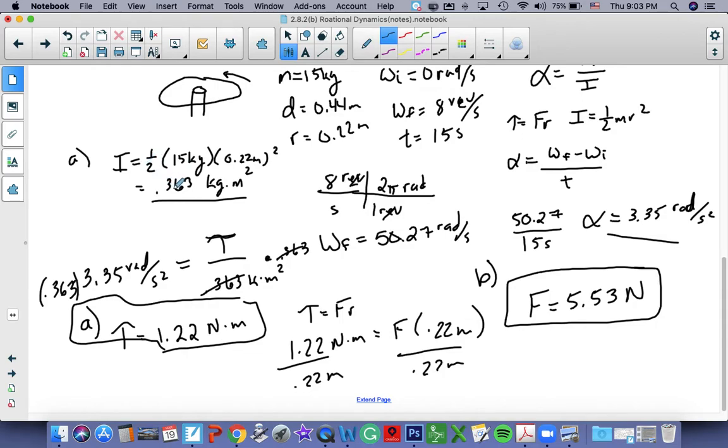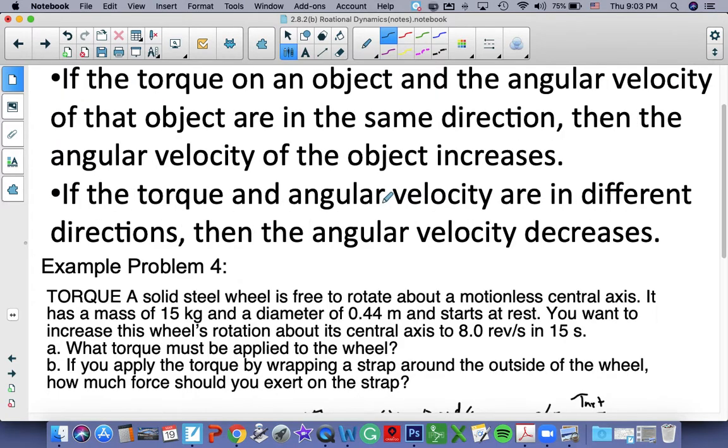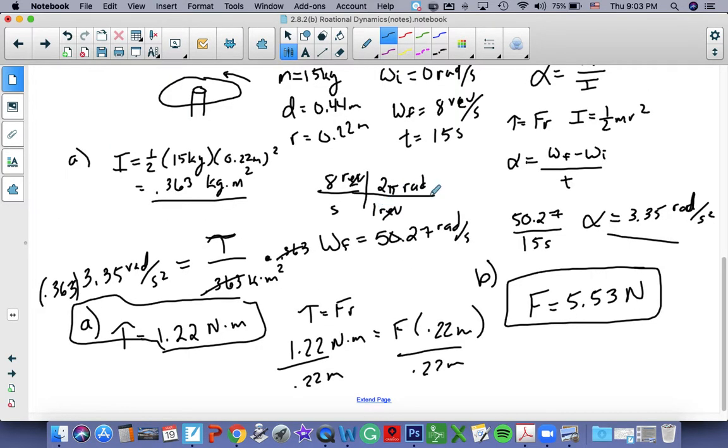So we've got 0.363 kilogram meters squared for the moment of inertia. And then our angular acceleration is going to change because we're not doing it in 15 seconds anymore. We're doing it in 5 seconds. But we're not changing the 0 and 8 revs per second, so that's going to be 50.27 again.